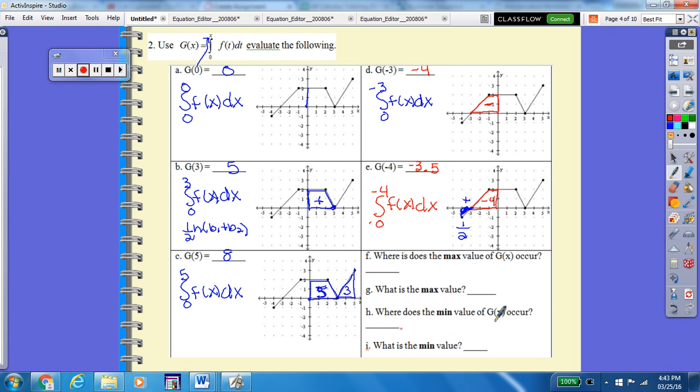The last section is going to remind us a little bit of the max and min section that we just completed. And you'll notice it asks you, where does the max value for g of x occur? We're going to think of this just by looking at the picture. If we start at 0 and we move to the right, we get positive area.